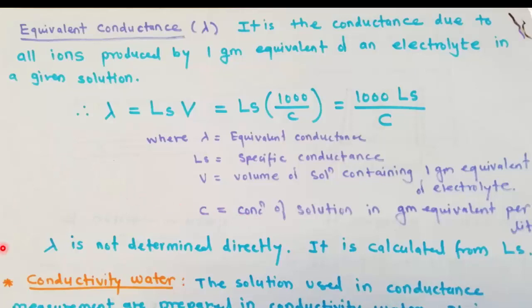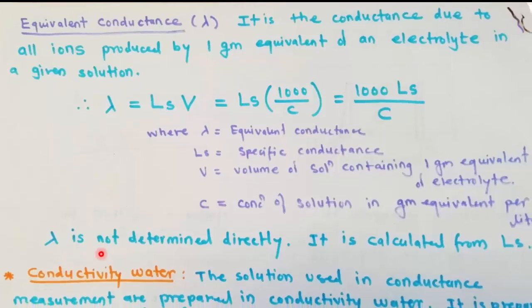Now this equivalent conductance is not determined directly. Remember this, it is calculated from the values of specific conductance. While doing practicals in the laboratory, you will understand this concept in more detail.